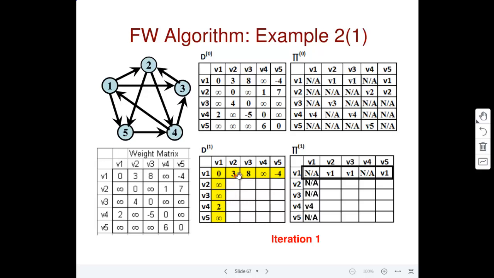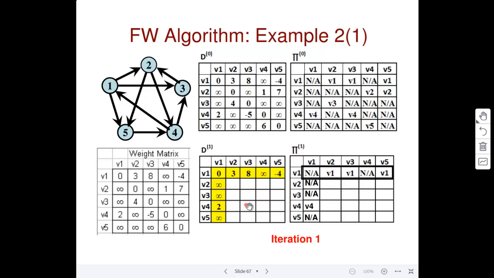So it's 2 plus 3, 5, less than infinity. So we can make this 5. In this row for V1, the column is V2, because we're trying to go from V4 to V2 through V1. From V1 to V2, the predecessor is V1. So write down V1 here for V4 to V2.